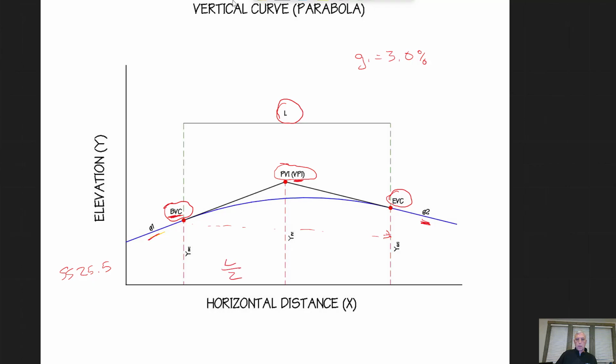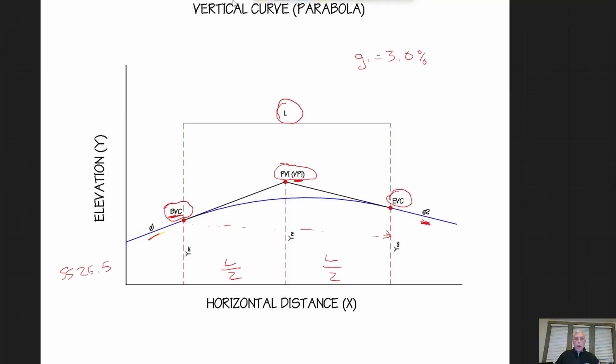So the horizontal distance from the PVI to the EVC has to be L over 2. Again, the proof is in the book. I'm not going to go through that proof because I'm going to take some time to derive some other things.